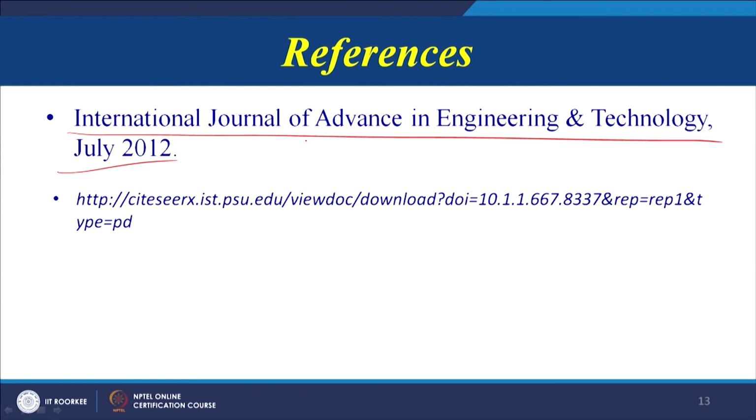International Journal of Advanced in Engineering and Technology, this is a case study published, and this is the link on which the PDF file for this case study is available. So, this presentation will be available to you.